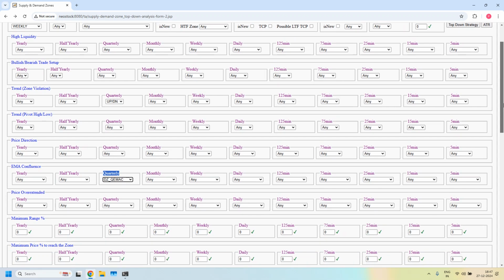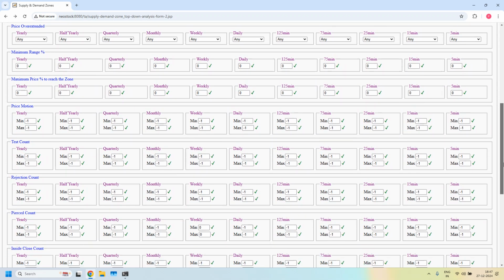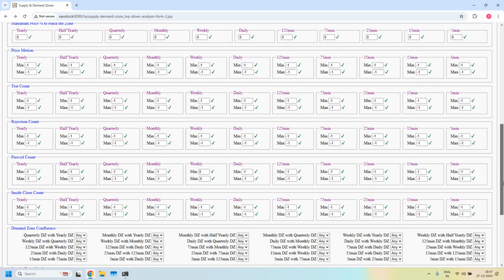And in the demand zone confluence, we should set 3 filters. One is already set, that is a weekly demand zone with monthly demand zone confluence. Next, weekly demand zone with quarterly demand zone confluence. Next, monthly demand zone with quarterly demand zone confluence.